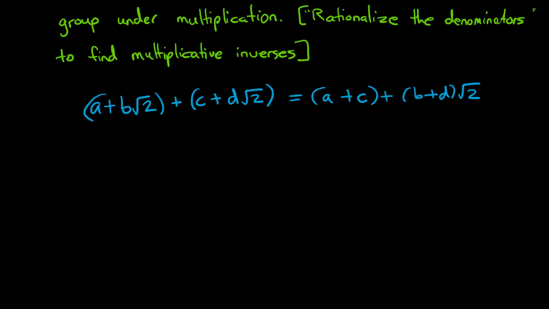And since a and c and b and d are rationals, their sums are also rational. So again, we have something of the form rational plus rational root 2. So obviously closure is satisfied.